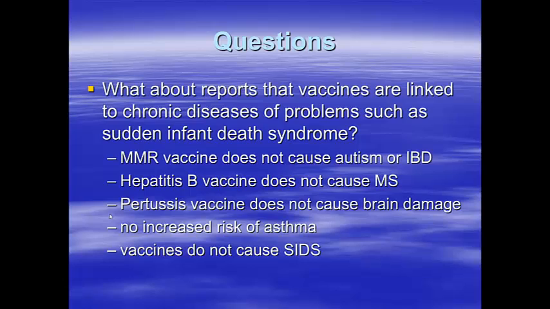Hepatitis B vaccine cannot be blamed for multiple sclerosis. There's no association there in large epidemiologic studies. The pertussis vaccine, there's no association with brain damage, although some people worry about that. And there's no association with asthma or sudden infant death syndrome.